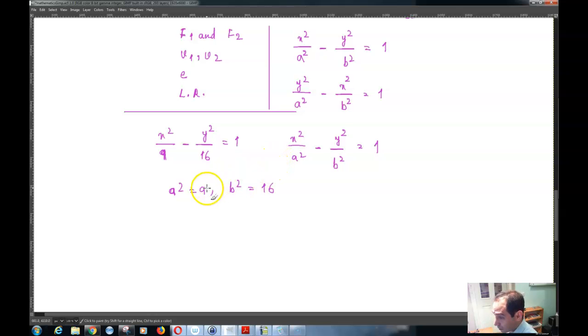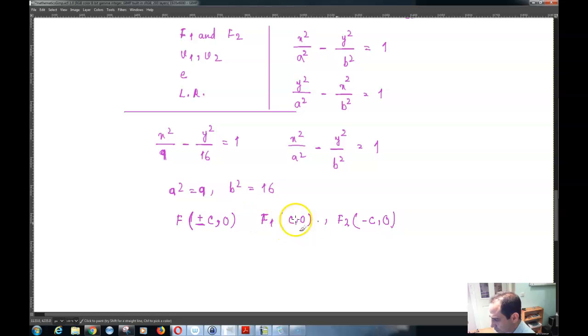Now the coordinates of the foci F1 and F2: your foci are c units away from the center, meaning that plus or minus c, 0 are going to be the coordinates of your foci, meaning that F1, for example, would be c, 0, and F2 would be negative c, 0.